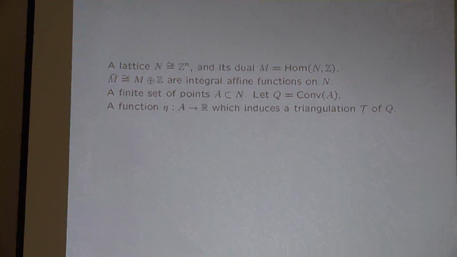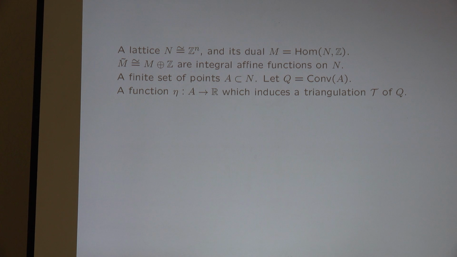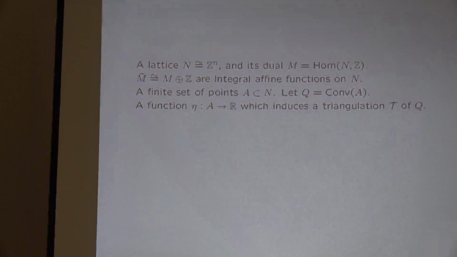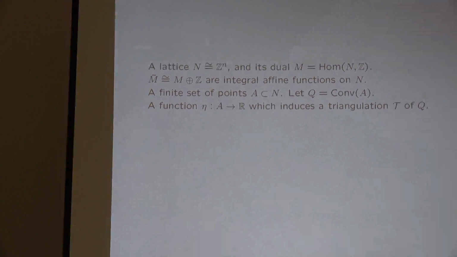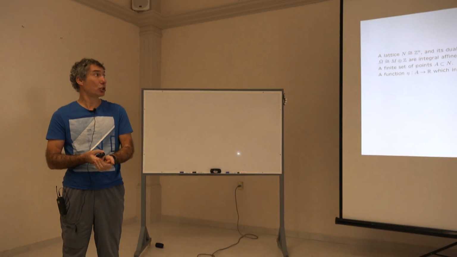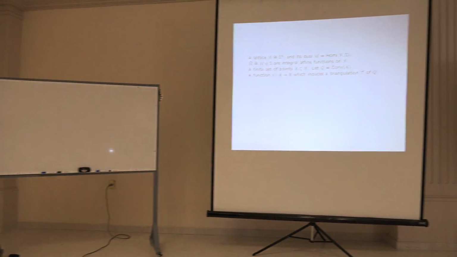And Q is the convex hull of those points. That's going to be our polytope, our Newton polytope for the hypersurface. And we also need a convex function eta, which, if you look at its upper graph and then look downstairs, defines a triangulation of Q. All right, that's the initial data.